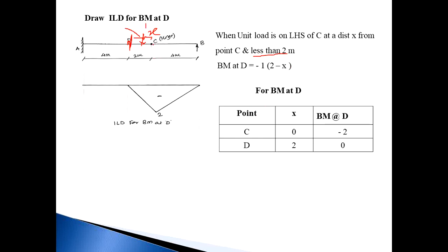So when load at point C, x becomes 0, so the answer will be minus 2. And when load comes to point D, x becomes 2 and bending moment at D is equal to 0.